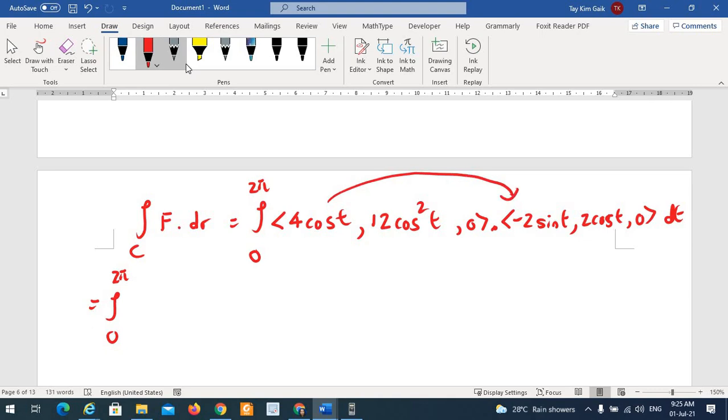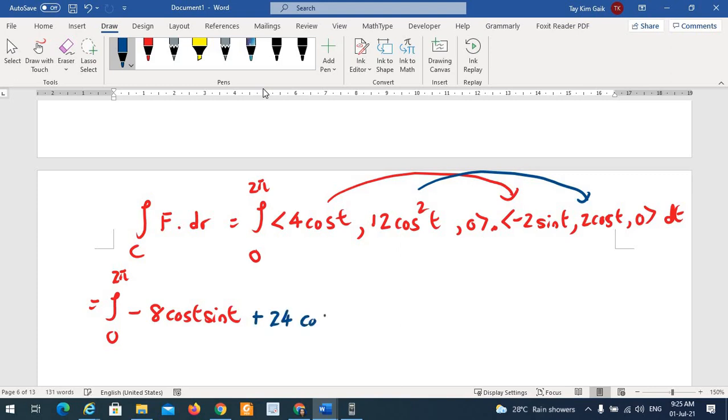For cos t multiplied by negative 2 sin t, you have negative 8 cos t sin t, component j, plus 24 cos cubed t. Component k is 0. So dt.